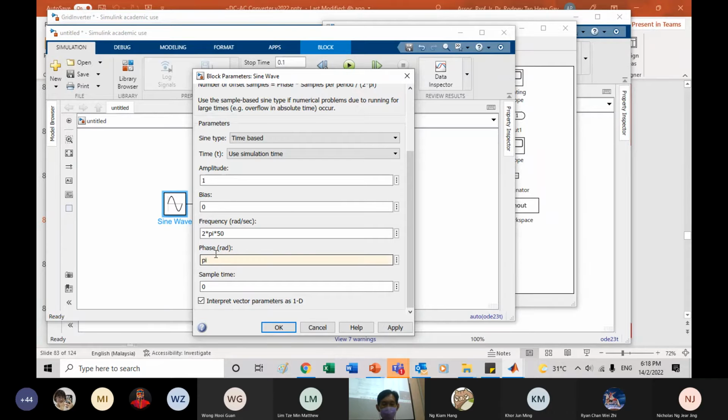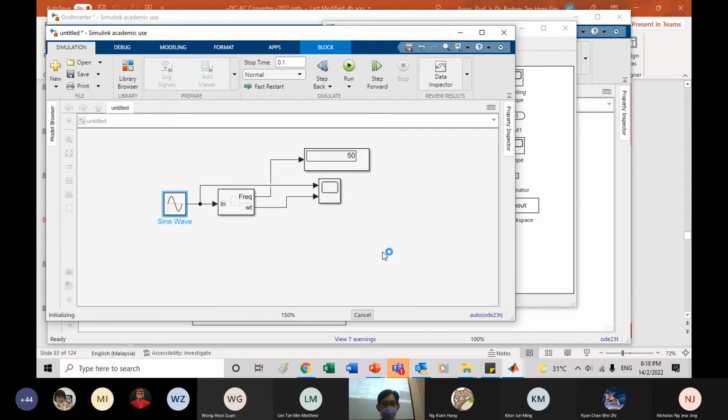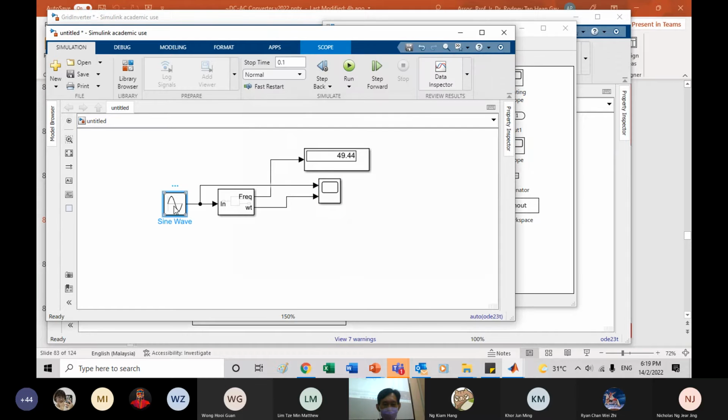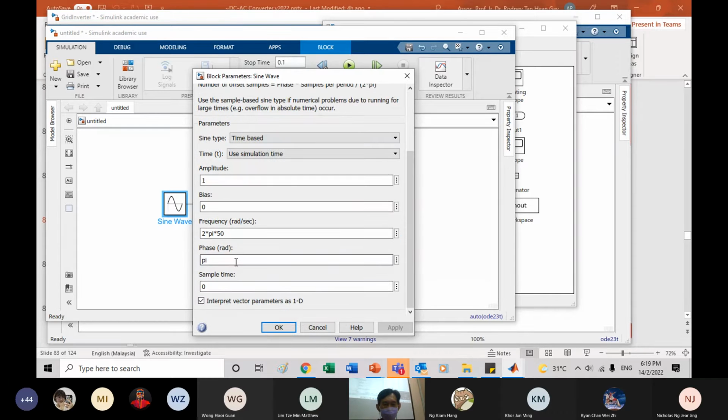Phase in radians, which is pi. Or you can type 3.14 also can. Oh, half pi, sorry. 90 degrees, sorry. Okay, pi divided by 2.